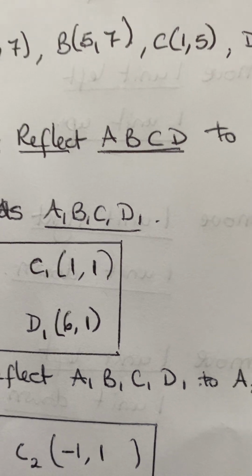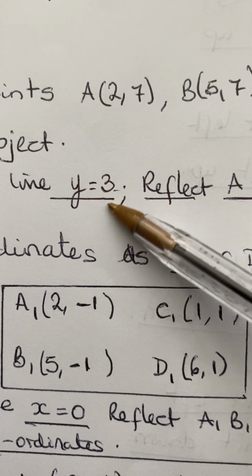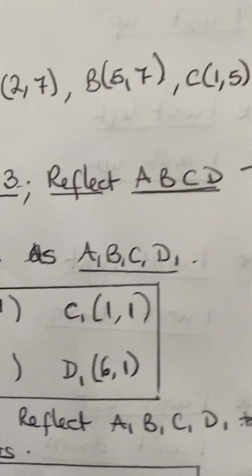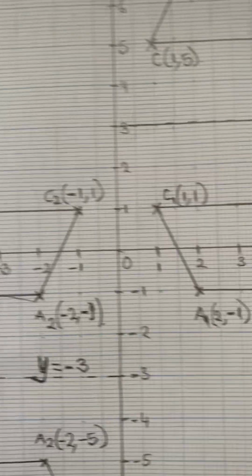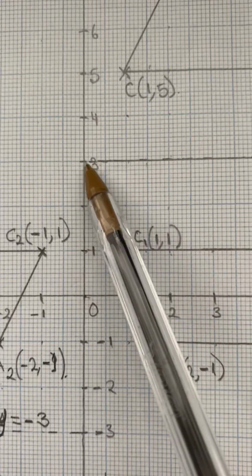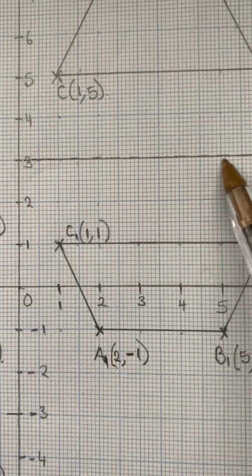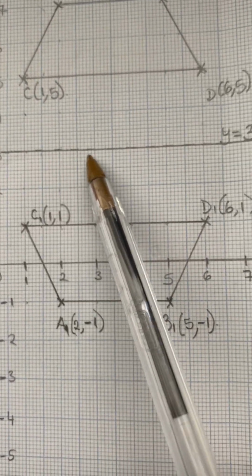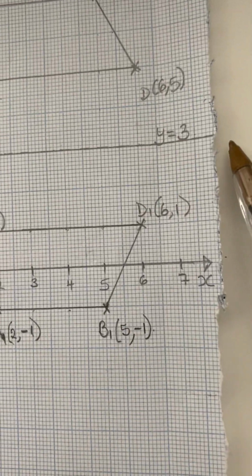Now we need to find y equals 3. This line is y equals 0, and that line will be y equals 3, because on this line all the y values are 3.